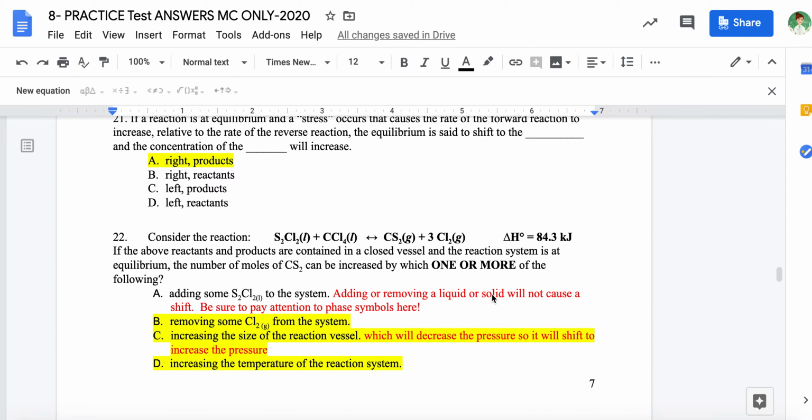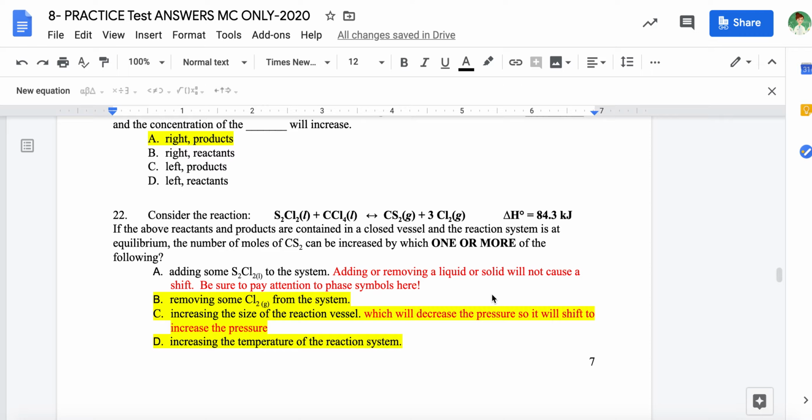All right, let's skip on to 22 because this one's a little bit trickier. Again, be careful because it says which one or more of the following could be true. I notice here that the forward reaction is endothermic. That tells me something. I notice I have gases, so pressure is an option to cause a shift. I have 4 moles of gas on this side, 0 moles of gas on this side, so that could work.